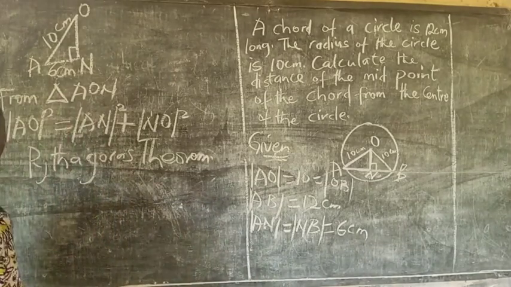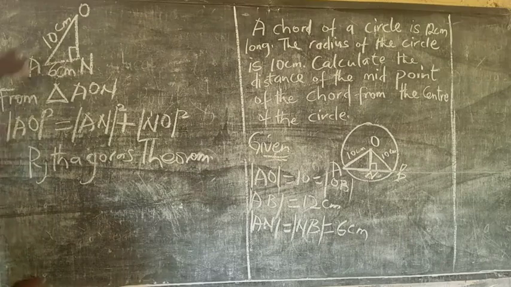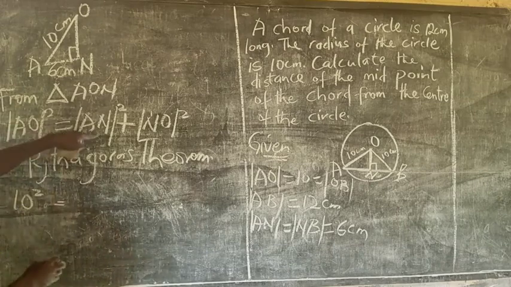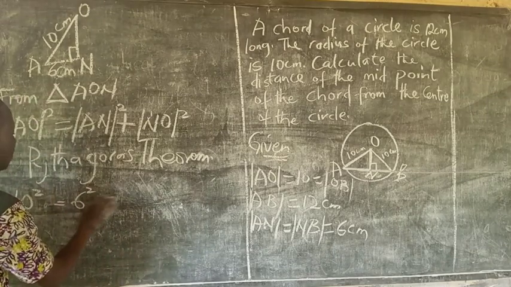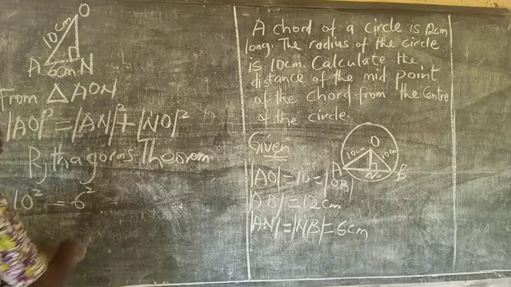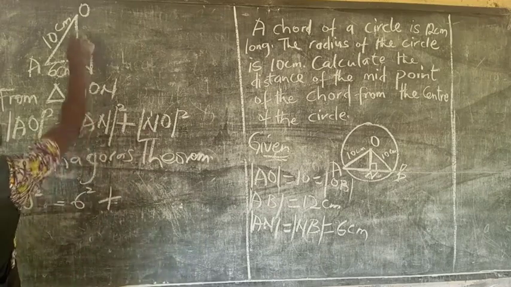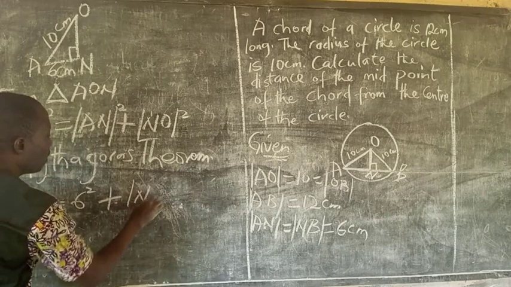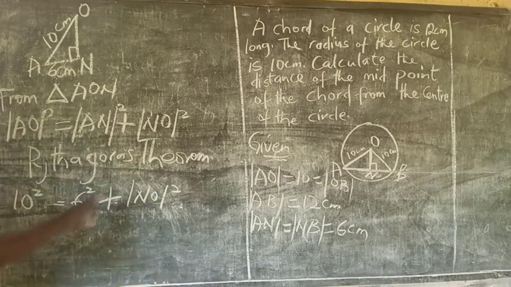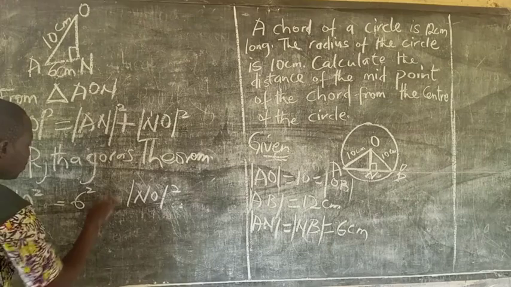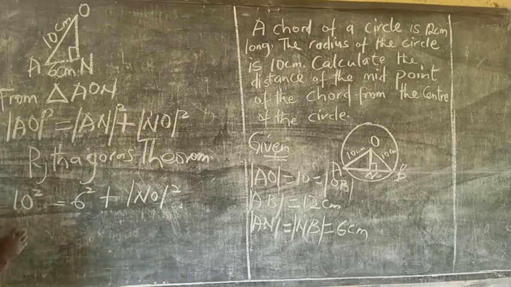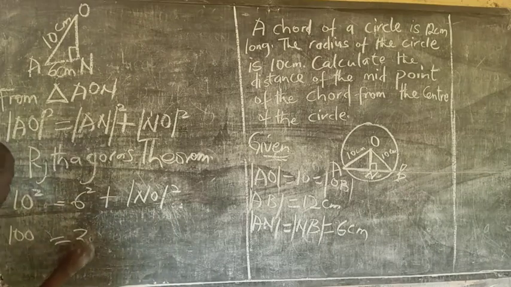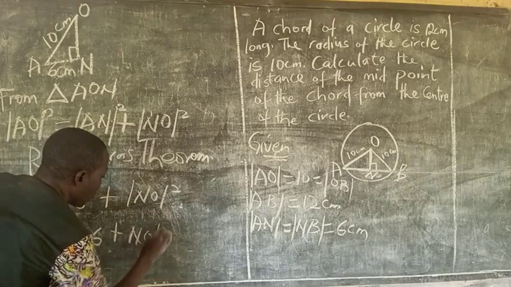So let's go on and solve the challenge. AO, which we are given to be 10, squared equals AN, 6, squared plus NO squared. NO is what we are looking for. So 10 squared is 100, equals 6 squared, which is 36, plus NO squared.